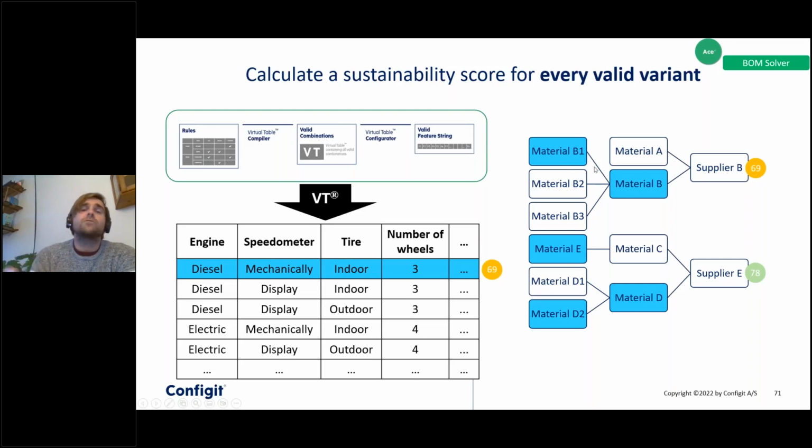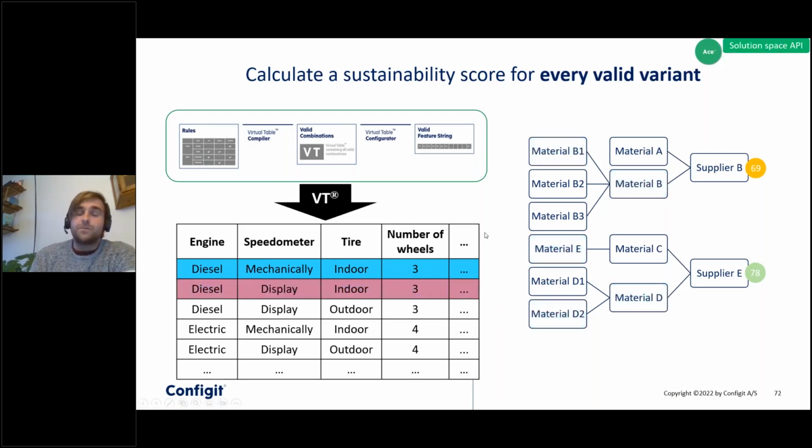So we use the BOM solver to calculate the 100% BOM out of the 150% BOM, and then we calculate all the scores for all the materials and all the suppliers that are persisted in the BOM tool or BOM master data system. This could be repeated for the next configuration. As we see, we again use the ACE module BOM solver to calculate all these values, and this could be repeated for every configuration.